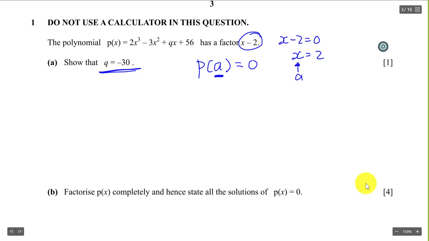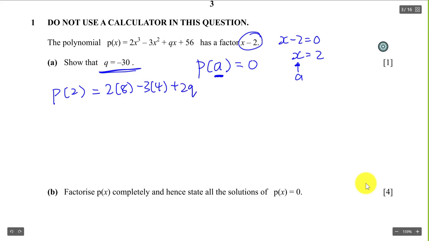So therefore, what I will do is sub a into all the x here. So I will say p(2) equals 2 times 8, right? 2 to the power of 3 is 8. Minus 3 times 4, right? 2 to the power of 2 is 4.